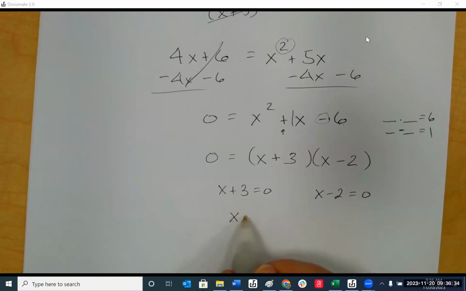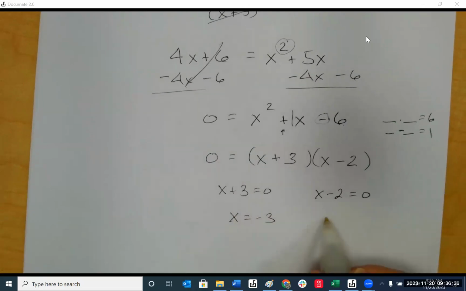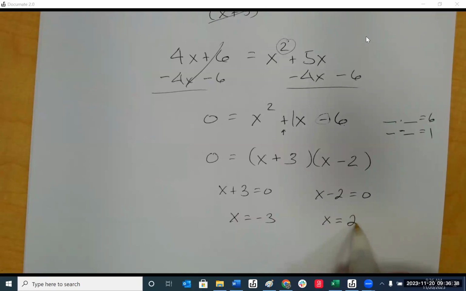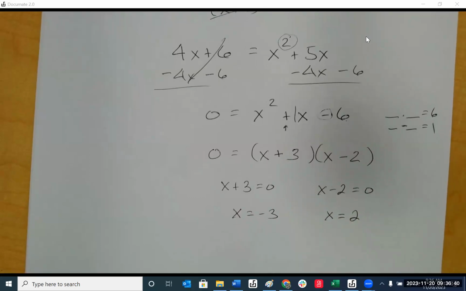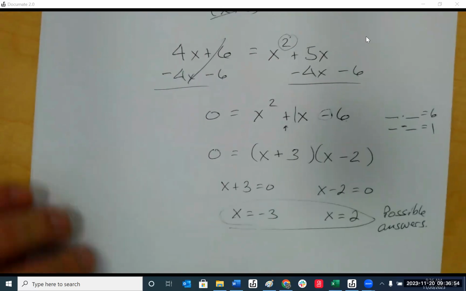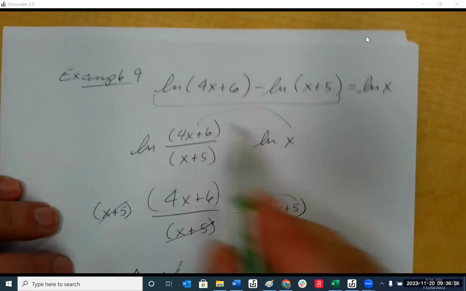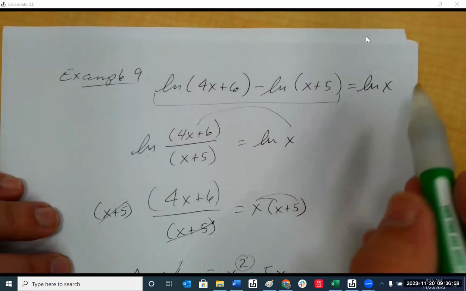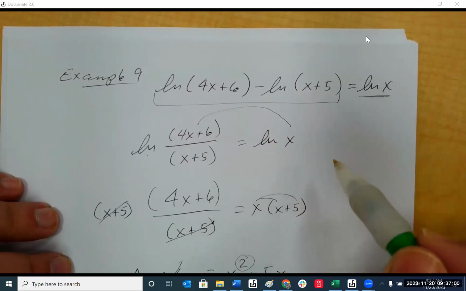Set them both equal to 0. And these are your possible answers. They're possible until we check them. Looking at our original equation, this one here is important.